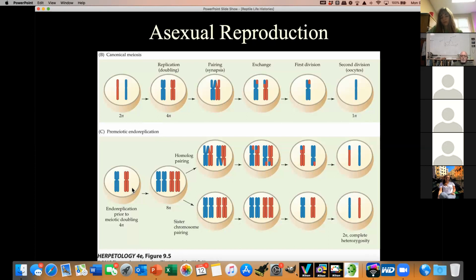And so you end up with a diploid organism that then produces a tetraploid cell, and it's that tetraploid cell that moves into the process of meiosis. And so this is what we refer to as endoreplication prior to meiosis. And in your book, they refer to it as meiotic endoreplication.